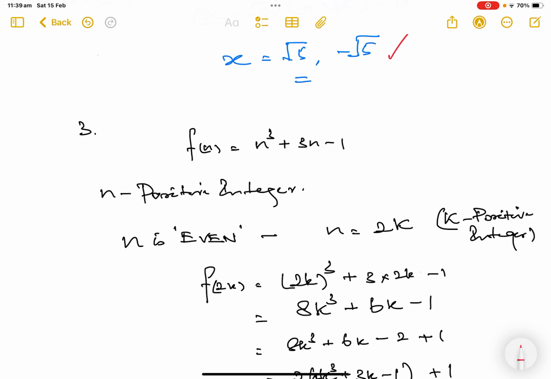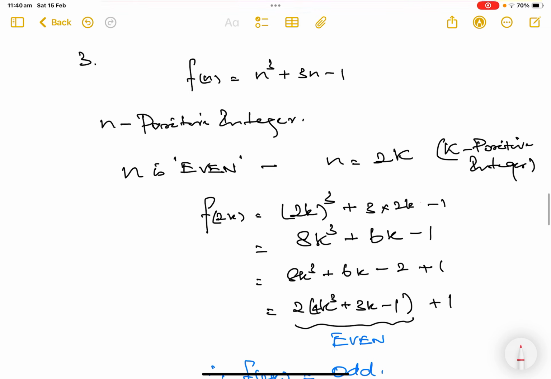First I took n as even. An even number is normally represented with 2 and a letter, so I took 2k, where k is a positive integer. If we substitute that, f(2k) equals 2k to the power 3 plus 3 times 2k minus 1.